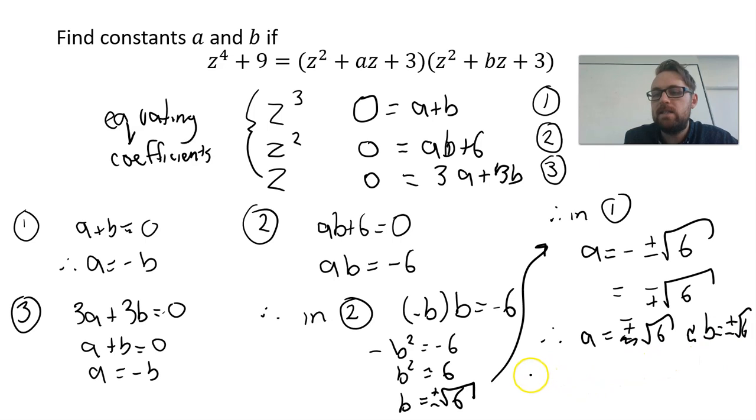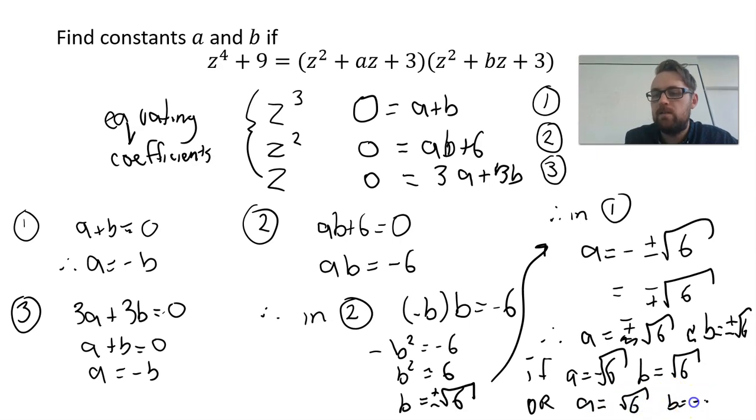So what that actually means is if a equals negative root 6, b equals positive root 6, or the other way around, if a equals root 6, b equals negative root 6. Okay, and you can put that into the equation and expand it as well if you want, and that should come out to be the same. So that's how we do this type.